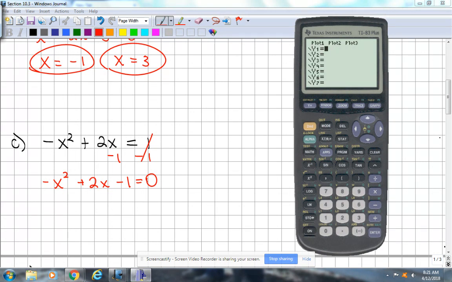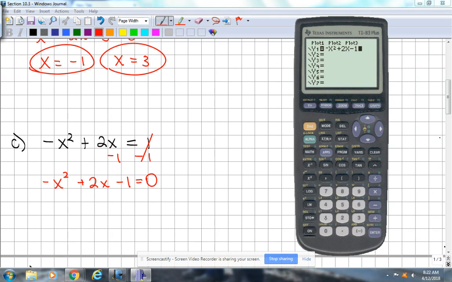This time, you have to hit the little negative. So if the leading coefficient is negative, you use the little negative. If it's a minus, you use the big minus. But if the leading coefficient is negative, use the little negative down there by the enter sign. So negative x squared plus 2x. Now, before I graph this, what does that negative do in front of my x squared?